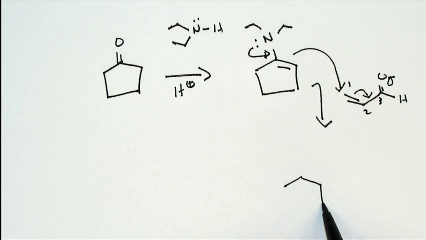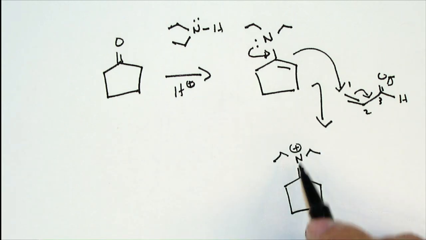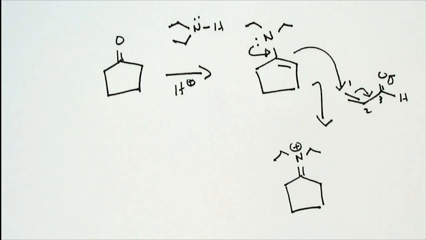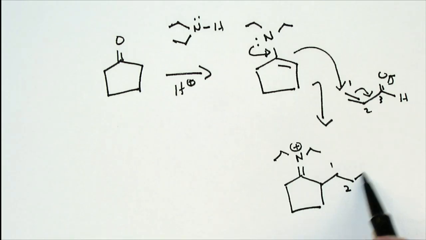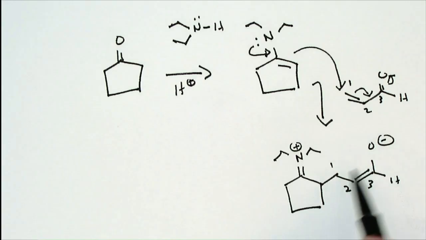So the product has the nitrogen with a plus charge in the imine form. The attacking carbon is attached to 1, which is attached to 2, which has a double bond to 3, and 3 has an H and an O minus.